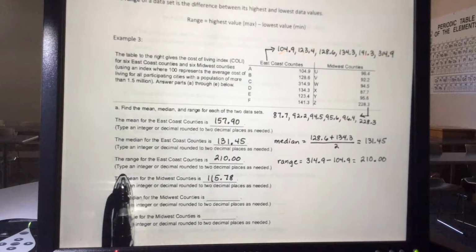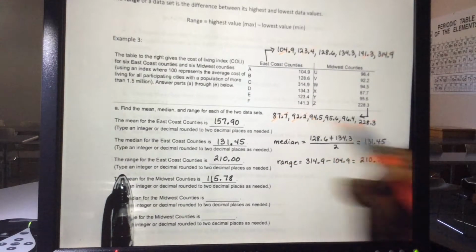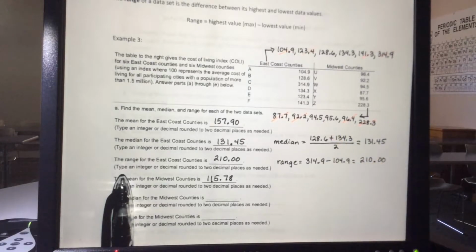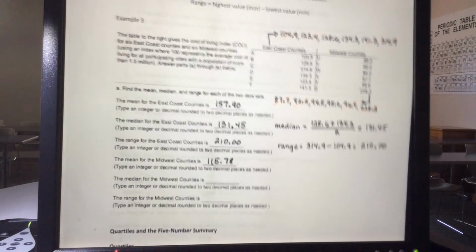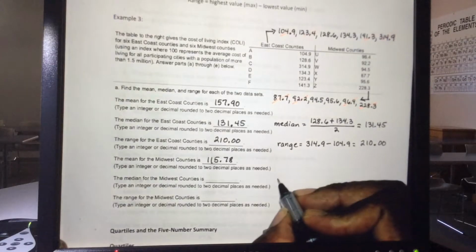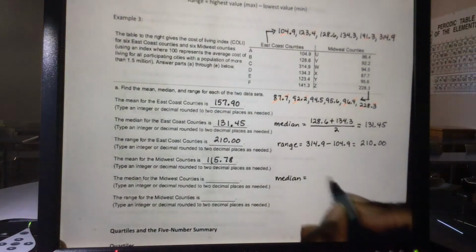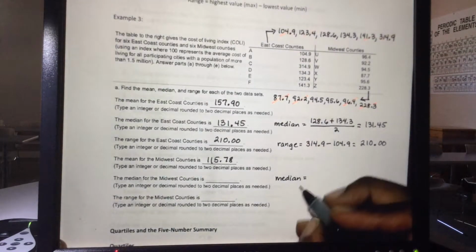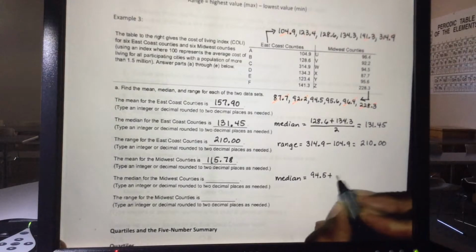Now, if I find the median by eliminating the first and the last numbers on both ends, you can see that 94.5 and 95.6 are the 2 middle numbers. To find the median of that data set, we take those 2 middle numbers, add them together, divide by 2. So I'm adding 94.5 to 95.6.